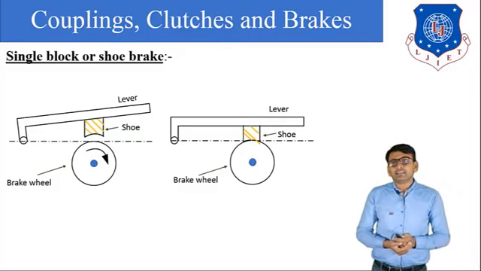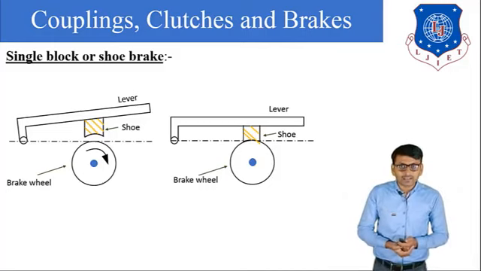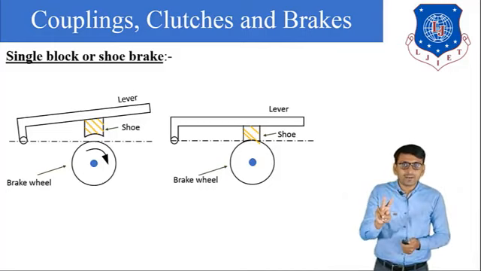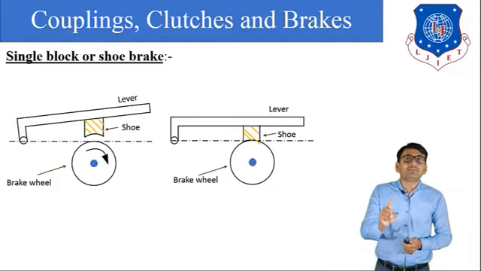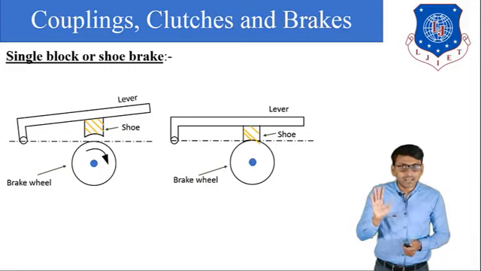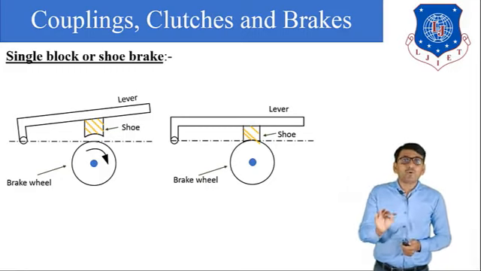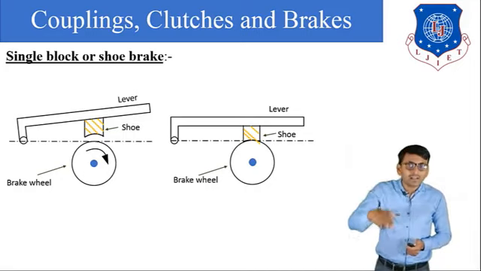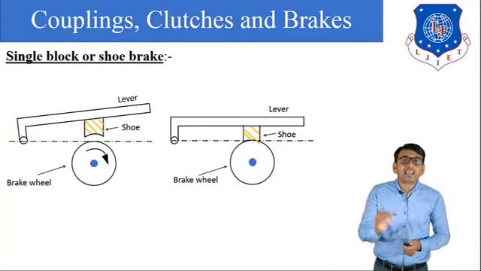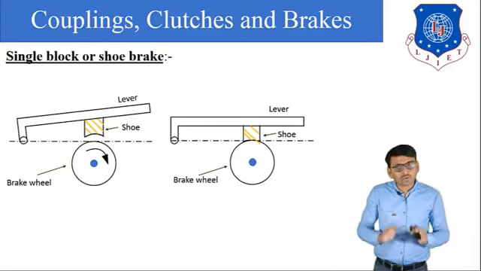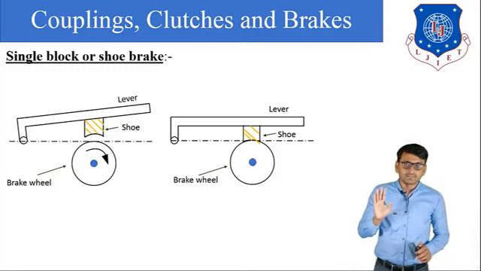So in a single block brake, mainly there are two phases. In normal working condition, there is a disconnection between wheel and shoe, so the wheel continuously rotates. But when the brake is applied, force acts on the lever, so there is a connection between wheel and shoe, and the motion of the wheel stops due to friction.